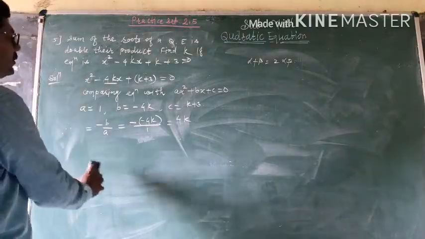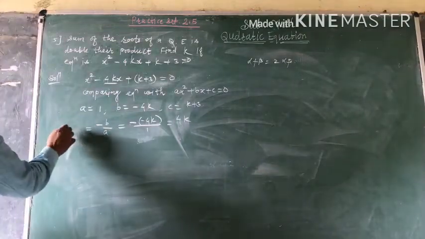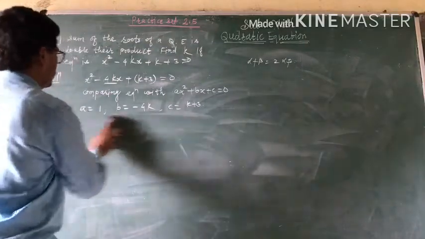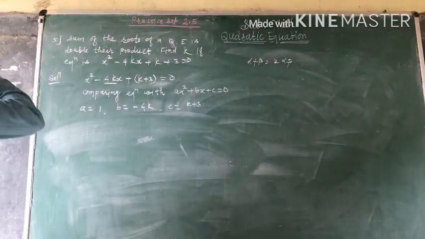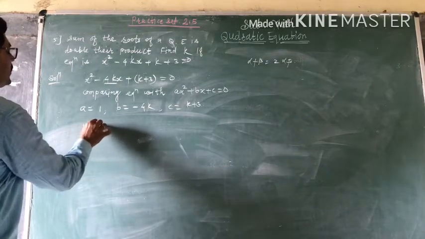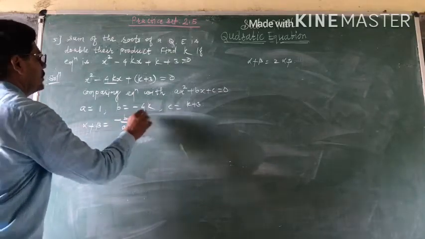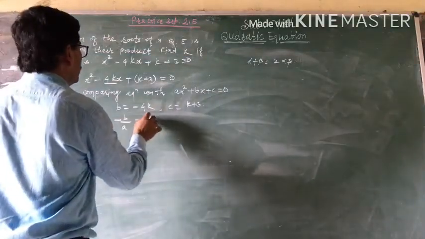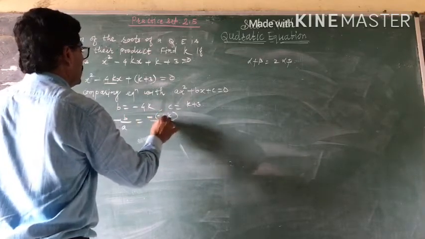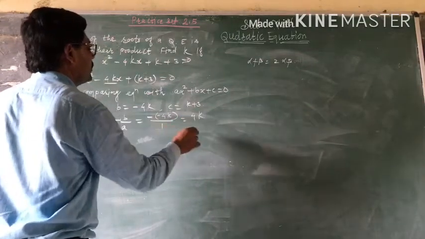You know the relation between roots. Alpha plus beta is equal to minus b upon a, and this is equal to minus the value of b, minus 4k, upon a is equal to 1, therefore plus 4k.